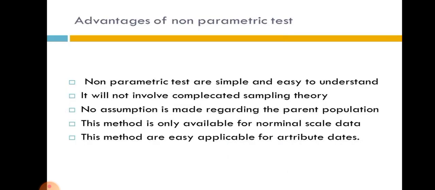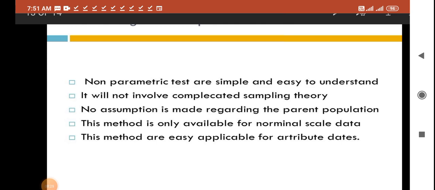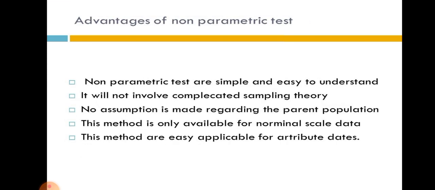Advantages of non-parametric tests. There are lots of advantages for parametric tests, but here we will go through the advantages of non-parametric tests. Non-parametric tests are simple and easy to understand. They do not involve complicated sampling theory. No assumptions are made regarding the parent population.